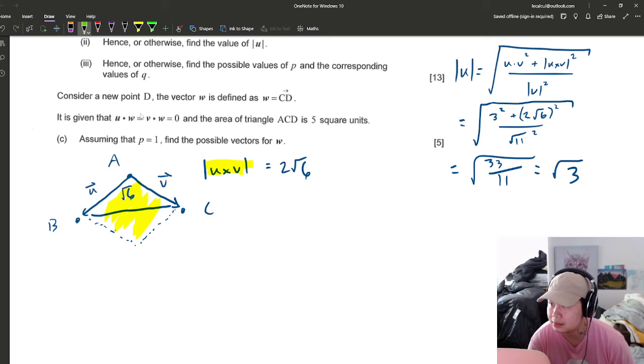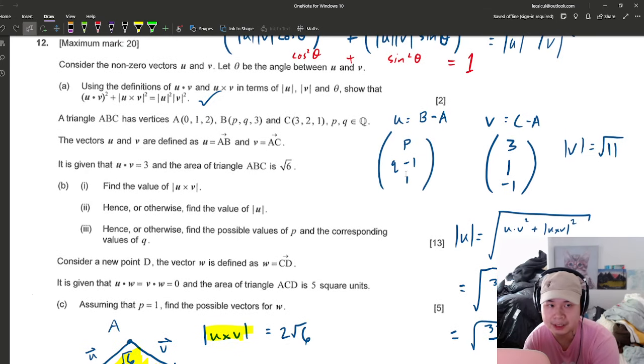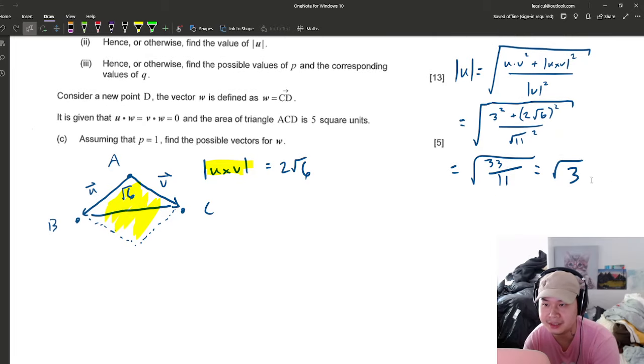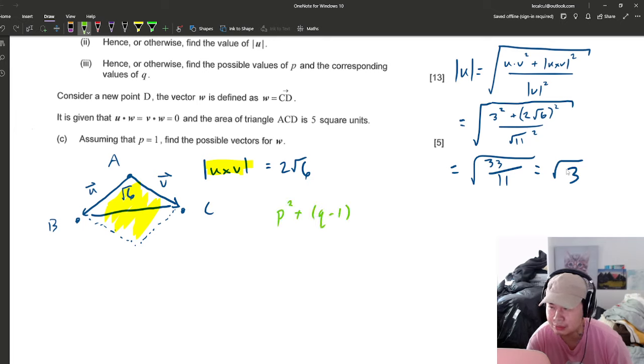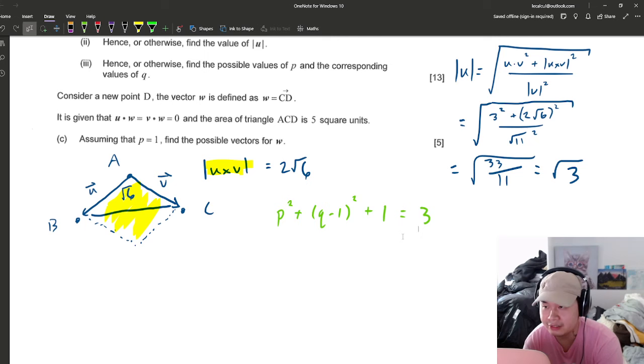If we square all these components and add them up, that should be the same as the length squared. So here's equation 1: p squared plus (q minus 1) squared plus 1 squared should equal 3. This is our first equation.